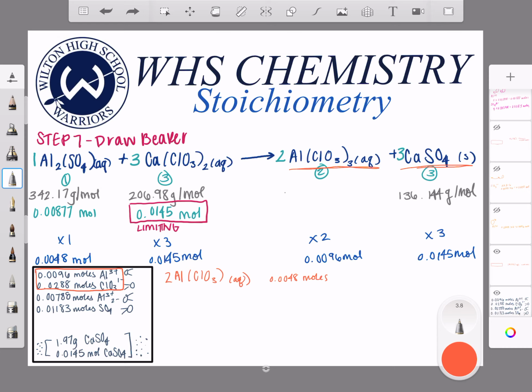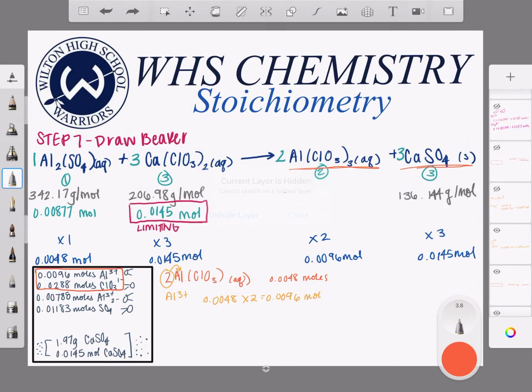If we're looking at the Al3+, because that's one of our ions, there's two of them based off of the 2 coefficient. So we take the 0.0048, multiply it by 2, and that's how we get this 0.0096 mole value for the Al3+, which appears right here.